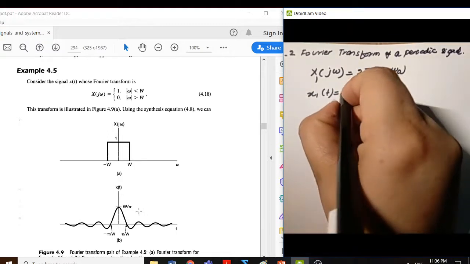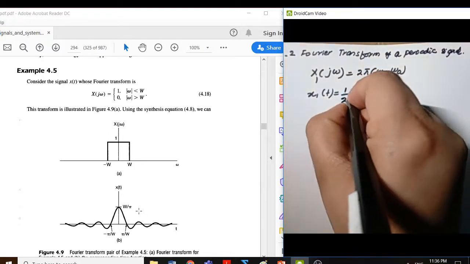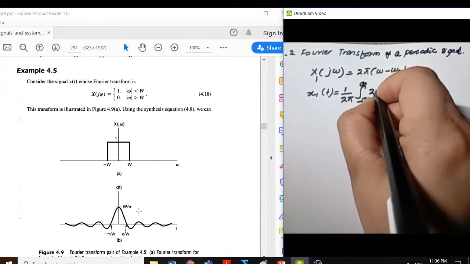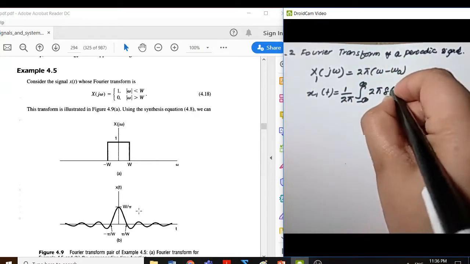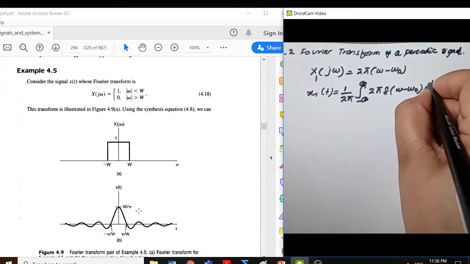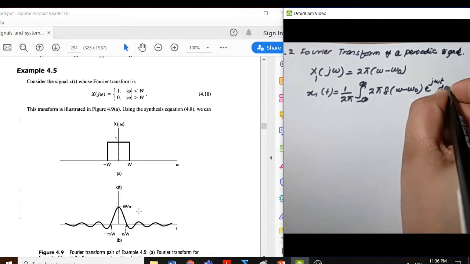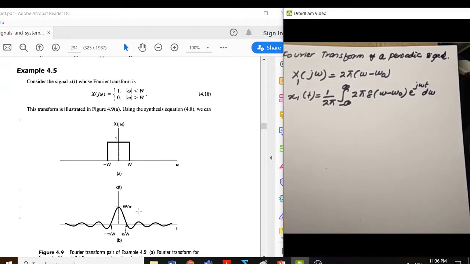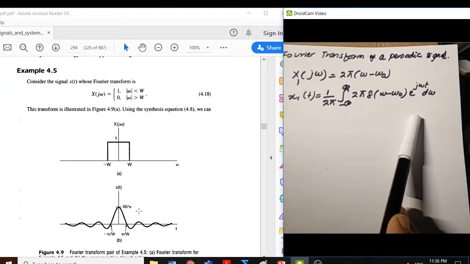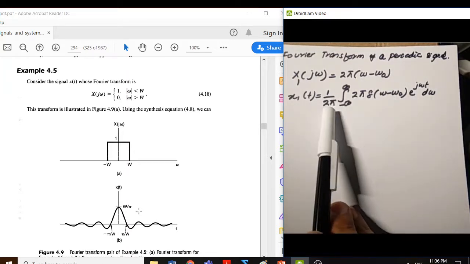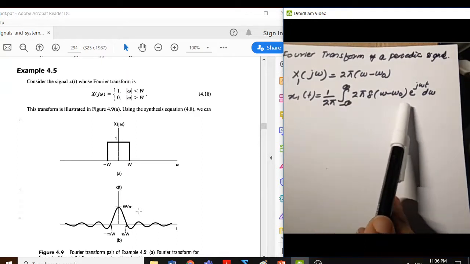Let's say 1 by 2 pi, integral from minus infinity to infinity, 2 pi delta. For the inverse Fourier transform, X of j omega is a function of omega, so we integrate it with respect to omega.